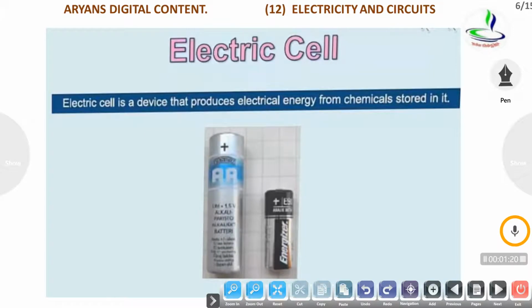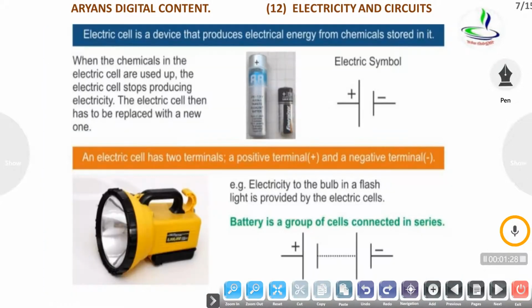This is an electric cell in which chemical energy is converted into electrical energy. Have you observed in a cell that there are two terminals, positive terminal and negative terminal?